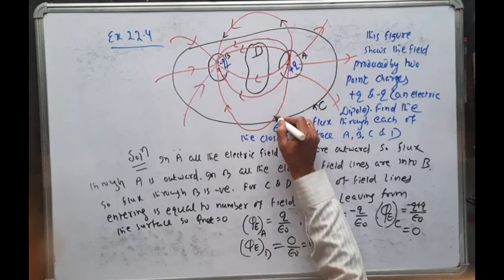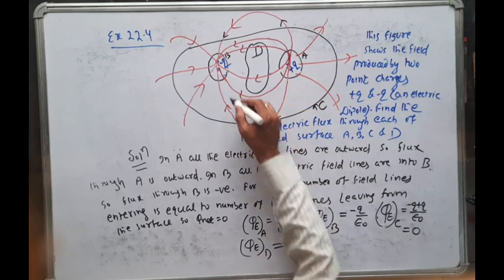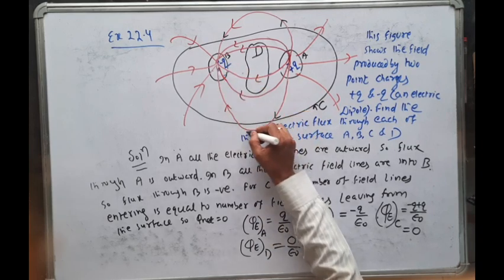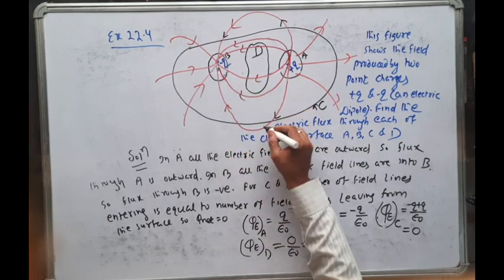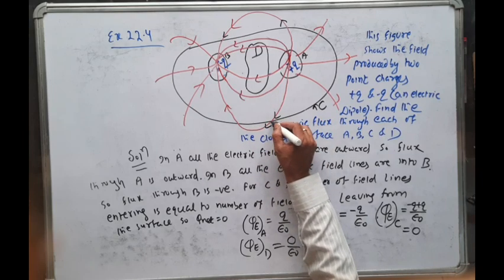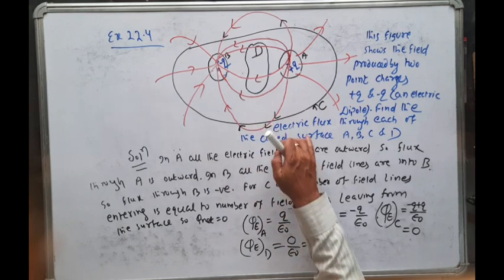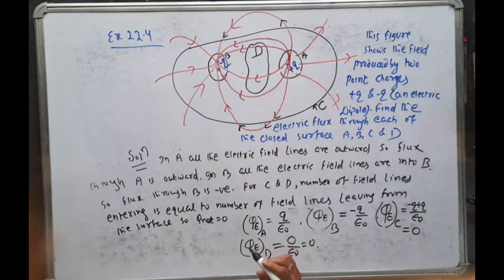Similarly here, this is positive charge, so lines of force are leaving, and this is negative charge, lines of force are tending to the negative charge. So for this C surface, these lines of force are away from the surface, these lines of force are entering the surface, so net lines of force or net flux will be 0.